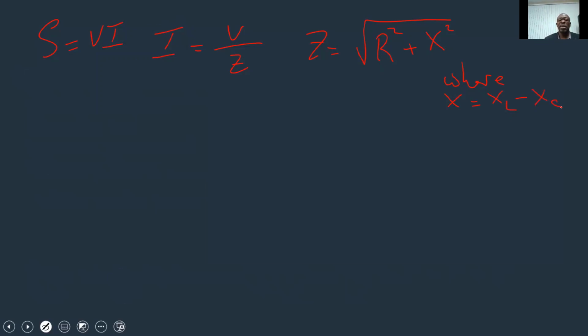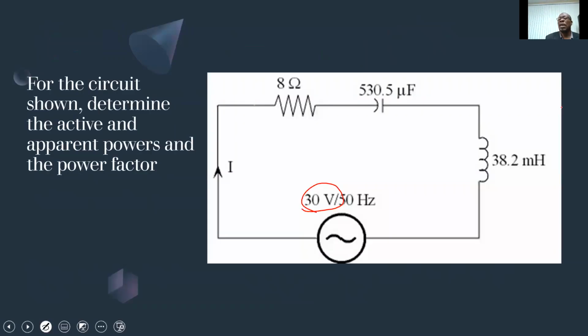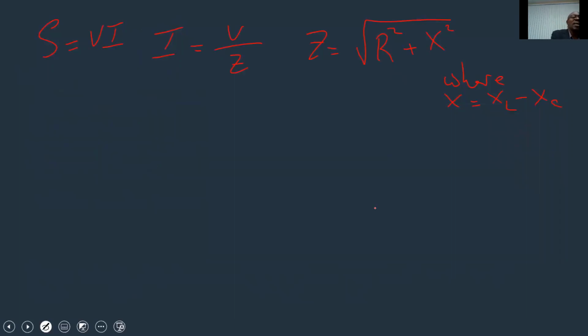For this circuit, we have an inductor of 38.2 millihenries and a capacitor of 530.5 microfarads, and the frequency is 50 hertz. So we want to find XL and XC.